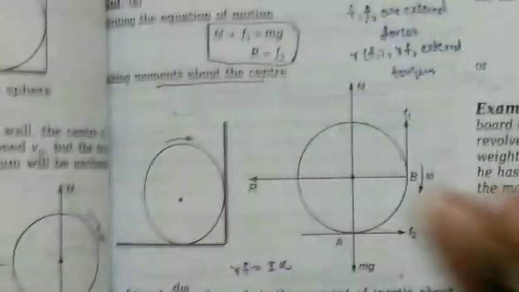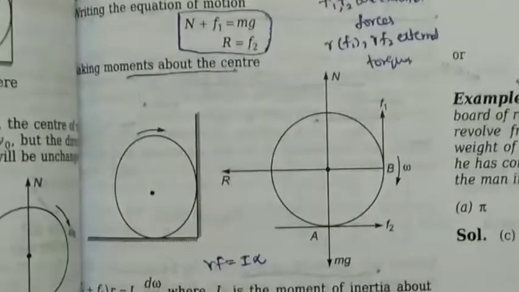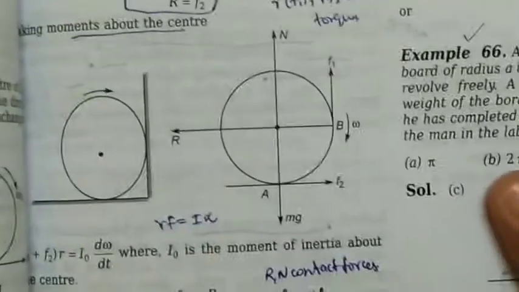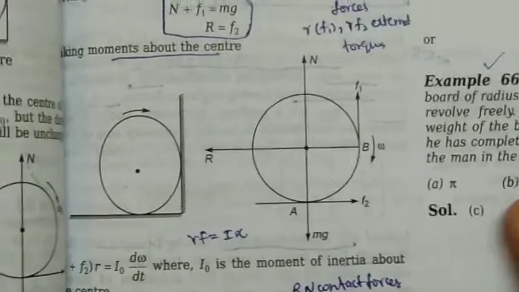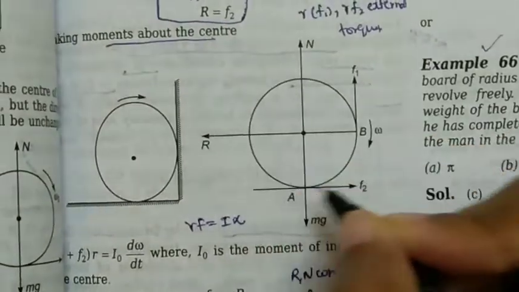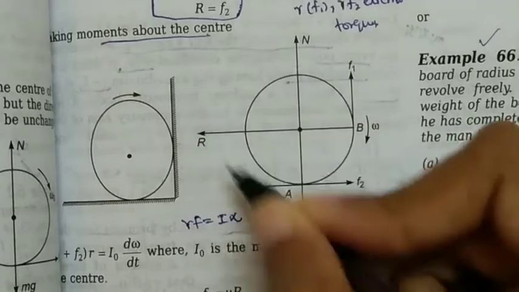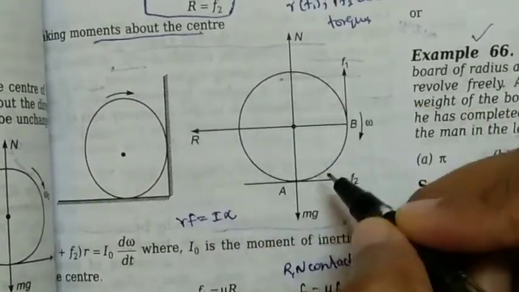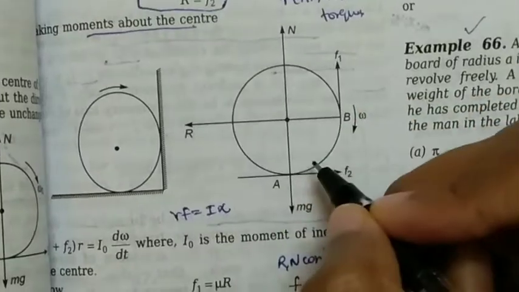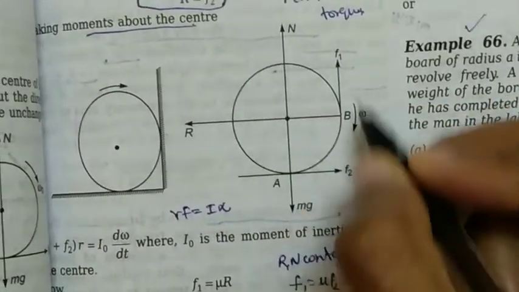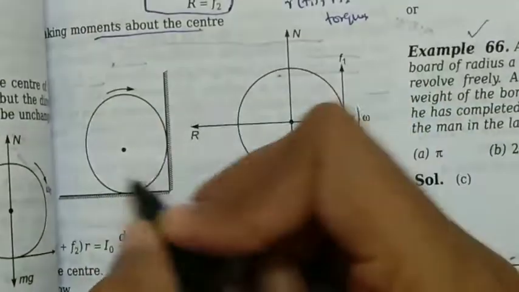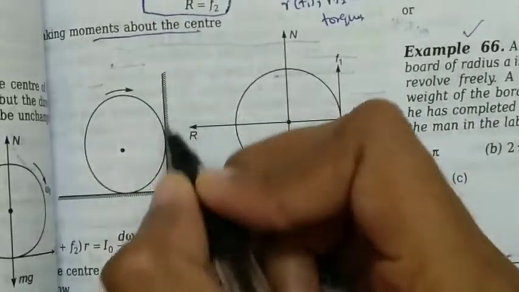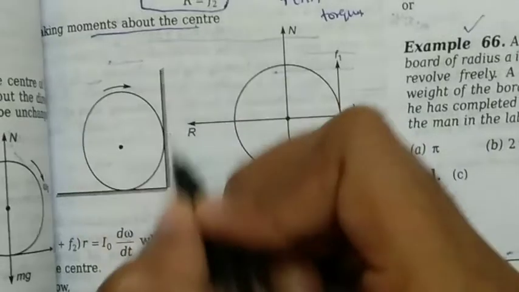That is the question. First of all, we need to consider the free body diagram to solve problems like this. This is the cylinder, and it is spinning. Here it is shown spinning in this direction, clockwise.